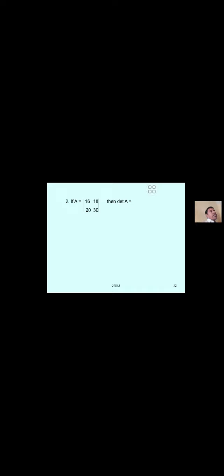So 20 into 18 means 18 zeros are 0, 18 twos are 36, that is 360. 480 minus 360 equals 120. So determinant of A equals 120.